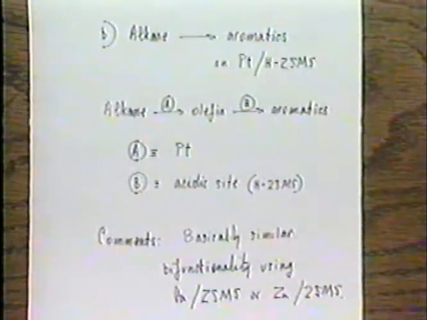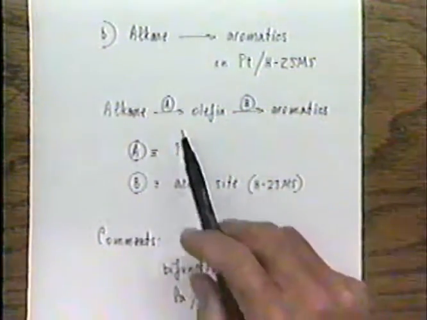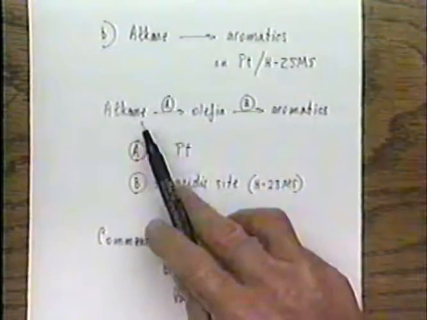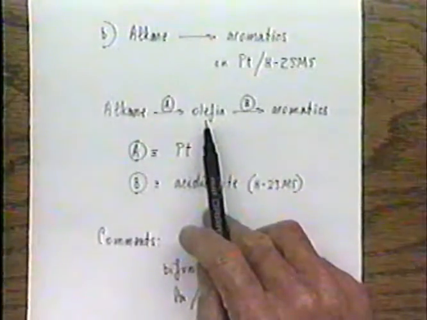And that leads you then to the notion that if you have a platinum ZSM5 bifunctional catalyst and you want to convert alkanes to aromatics, in rather the same way as the previous example, one can envisage a bifunctional catalyst in which the platinum acts as a dehydrogenating function to convert alkane to olefin.